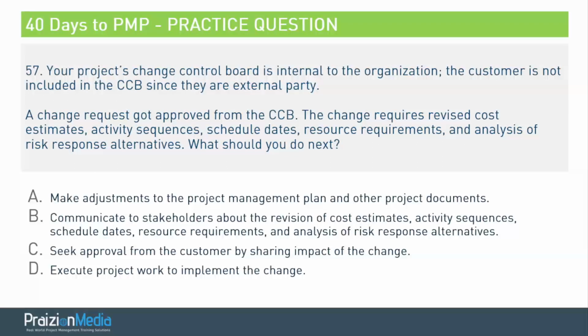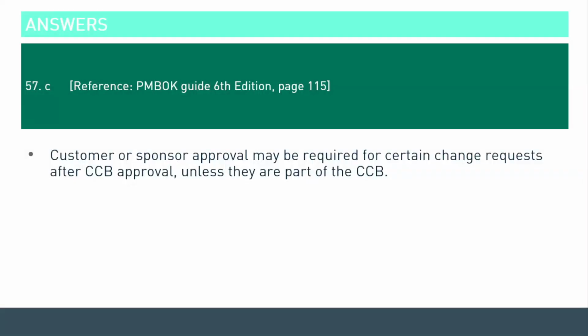Because it says the customer is not included. So this is really more about the customer. Now, if you read the PMBOK guide, you realize that when the customer is not part of the CCB, you should include the customer. So the best option for this is C. You should seek approval. Customer or sponsor approval may be required for certain change requests after CCB approval unless they're part of the change control board.